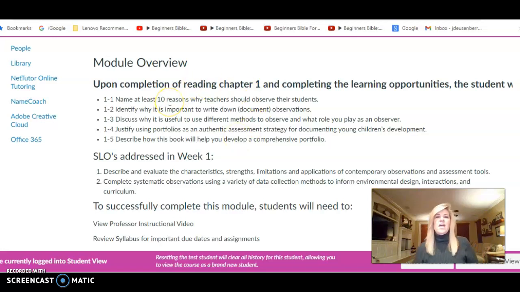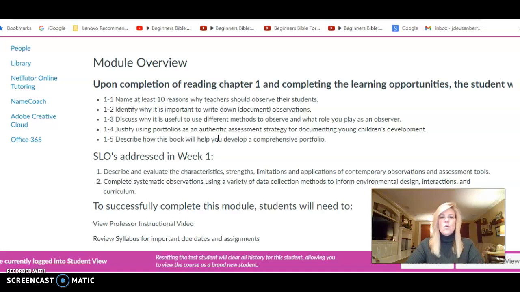You will always find after reading whatever chapter we're on that week, I normally have 4 to 5 things I really want you to look for and be able to answer at the end of your reading. So make sure you check these out. For chapter 1, you're going to be able to name at least 10 reasons why teachers should observe students. You'll be able to identify why it's important to write down, actually document observations.